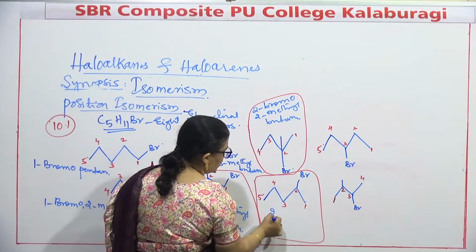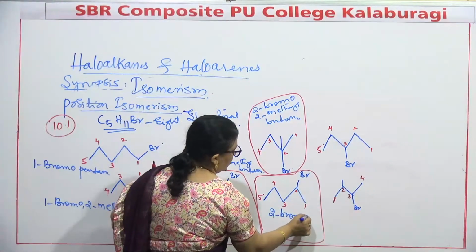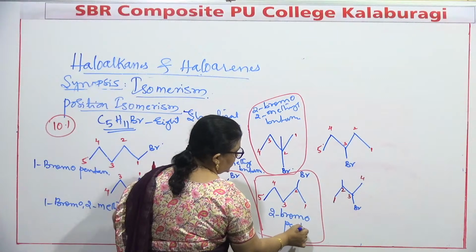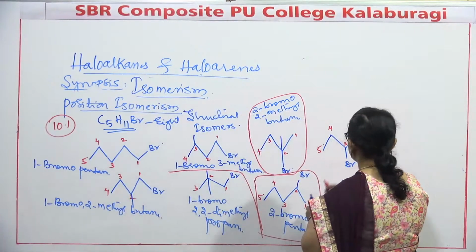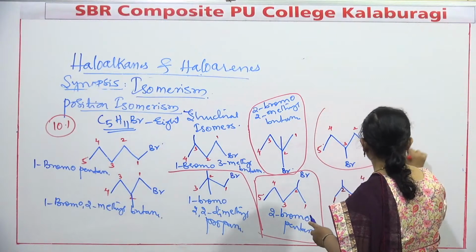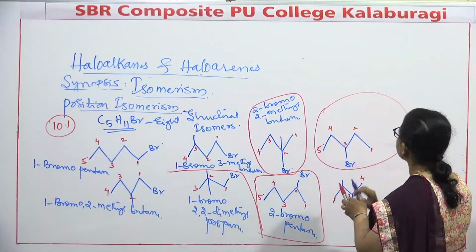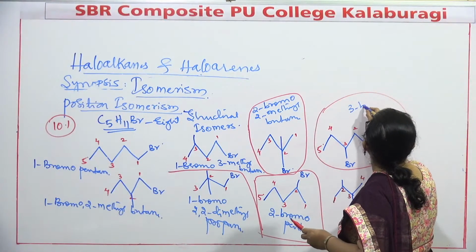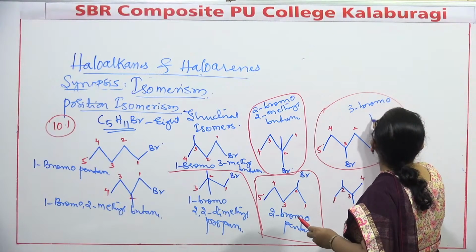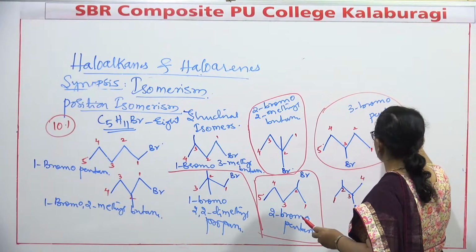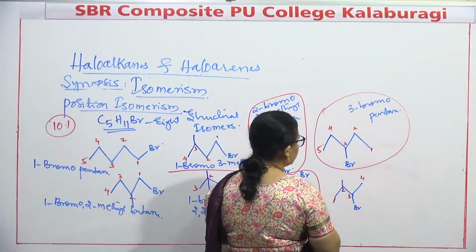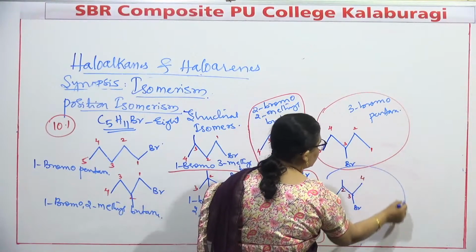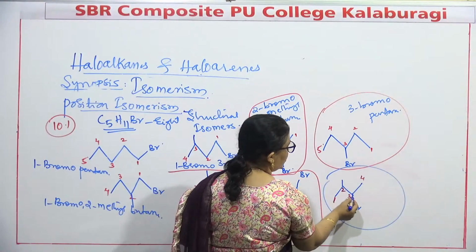2-bromopentane. 3-bromopentane. Correct? 1, 2, 3.